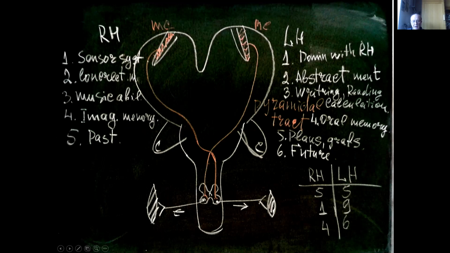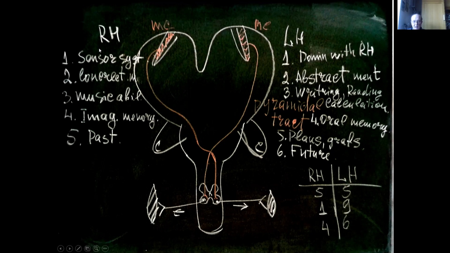The left hemisphere helps human beings to understand the plans, the graphs. For example, what is the electroencephalogram? What is the electrocardiogram? The plan of the action potential and the change of the excitability.